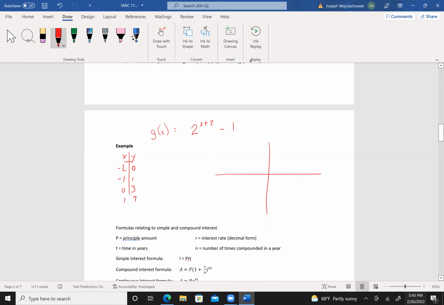And maybe we should go to negative 3: 2 to the negative 1, which is 1/2, minus 1, or negative 1/2.